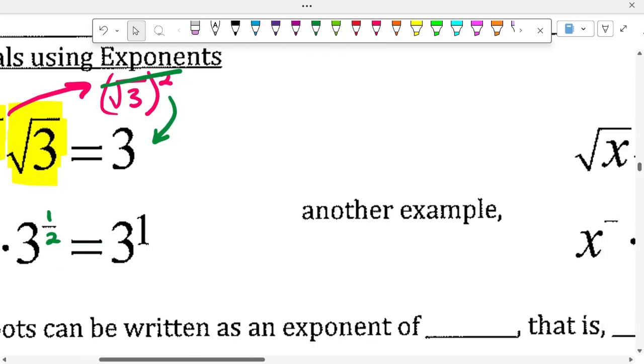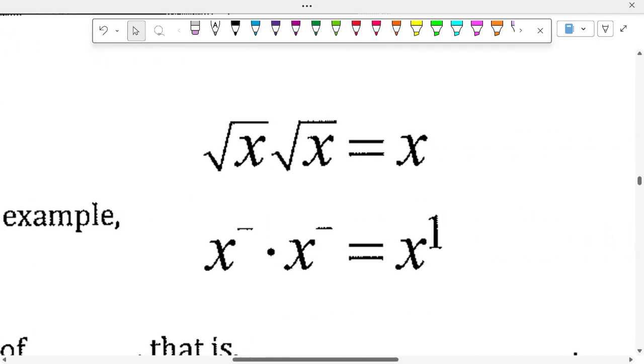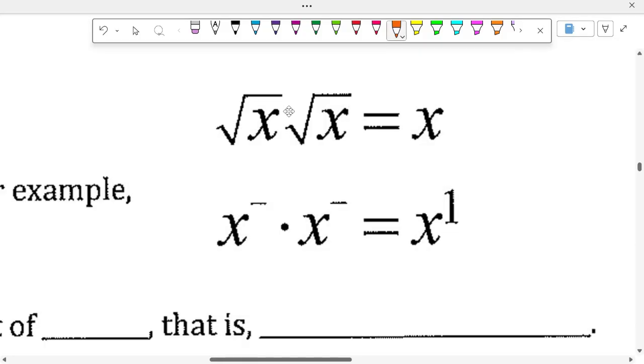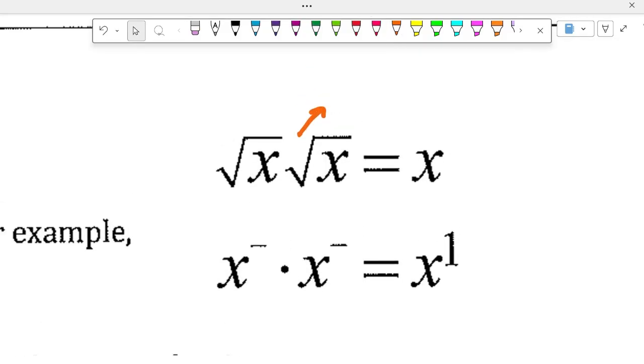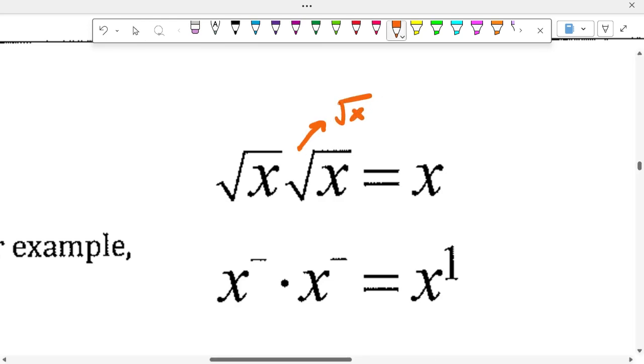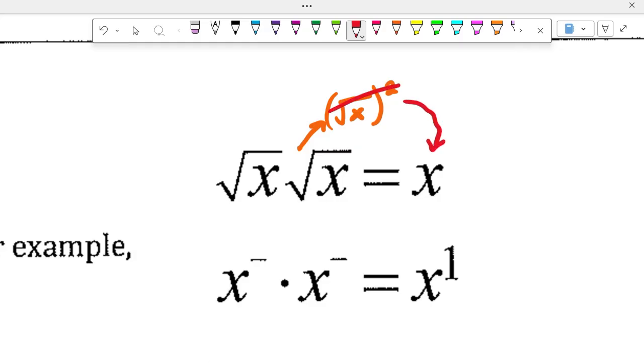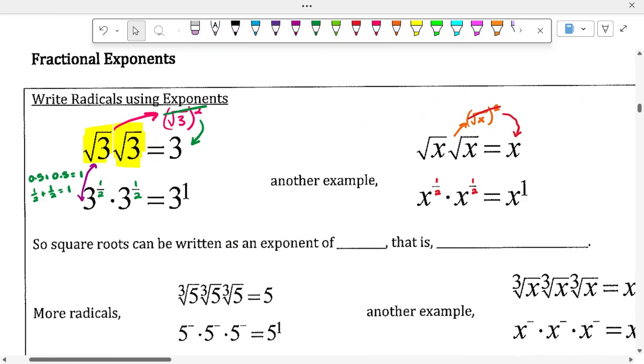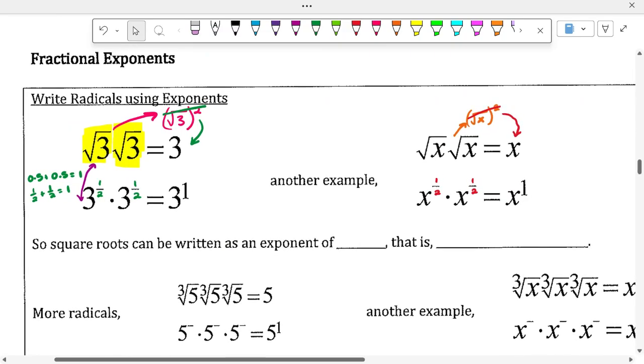All right, let's try another example. We know that square root of x times the square root of x is going to be x, because it's the same thing as square root of x all squared. Those cancel out. That's what gives us the x. So what fraction added to itself gives you 1? 1/2. So x to the 1/2 times x to the 1/2 is equal to x.